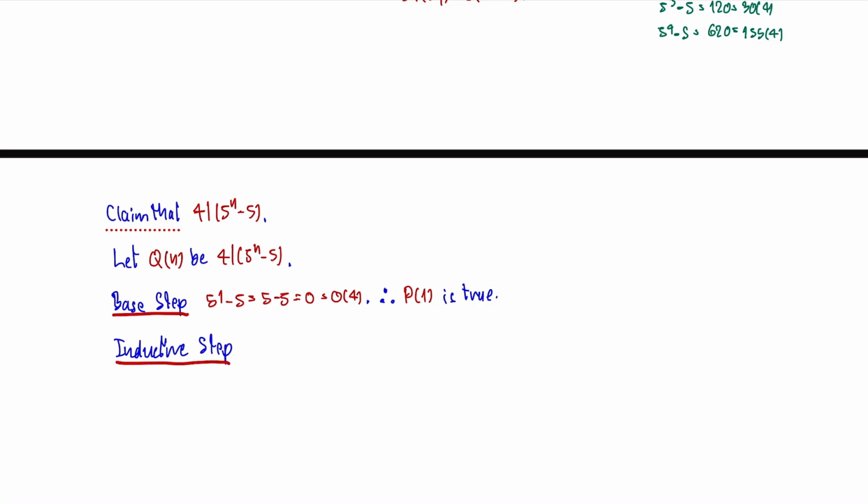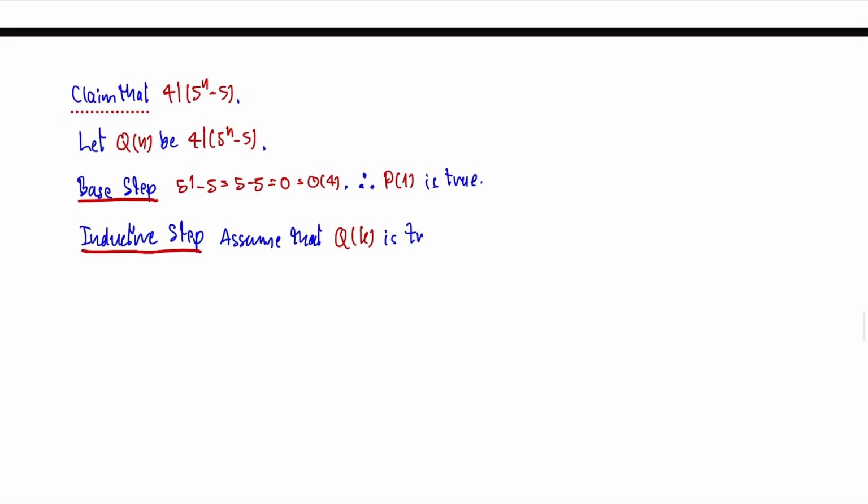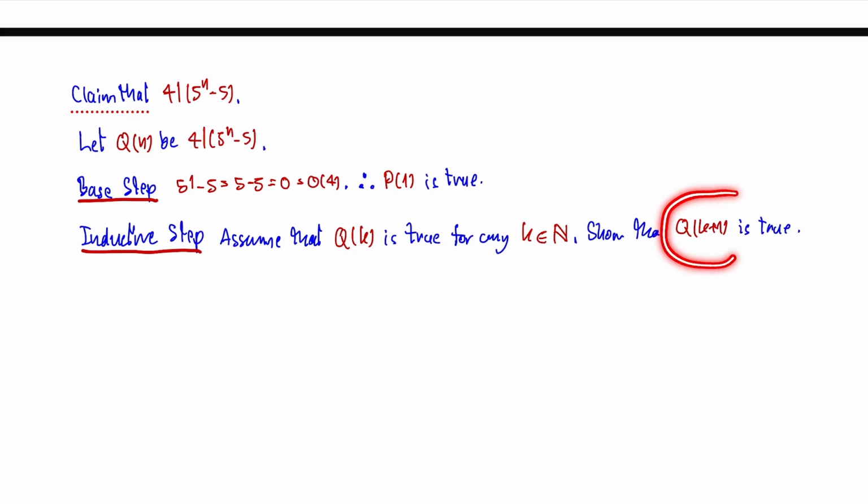For the inductive step, what do we have? So we have to assume that Q of k is true for any positive integer k, and try to show that Q of k plus 1 is true. We want to show this statement.